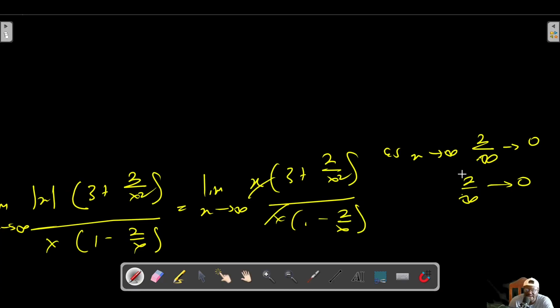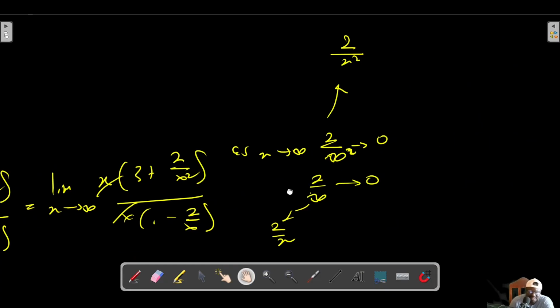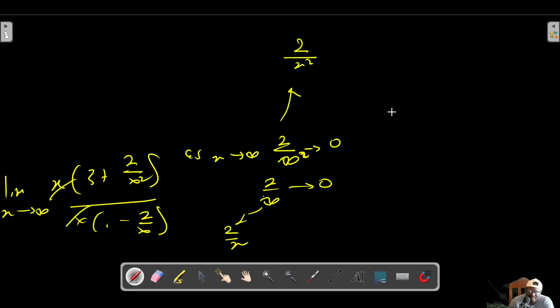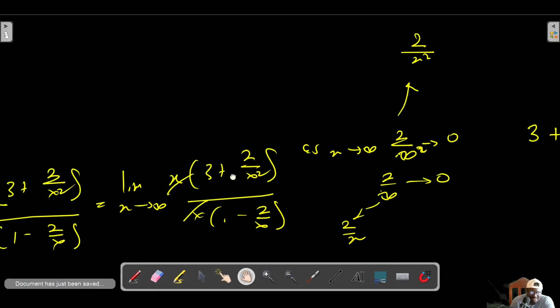They all approach 0. What are we going to get then? We end up getting 3 plus 0. Oh, sorry, I forgot the square root sign.